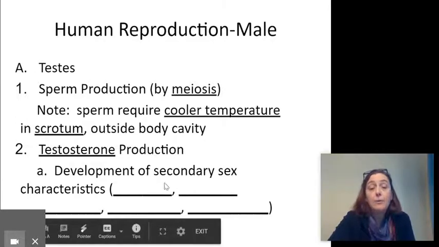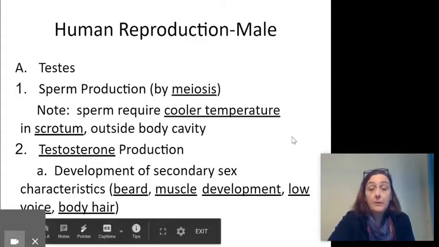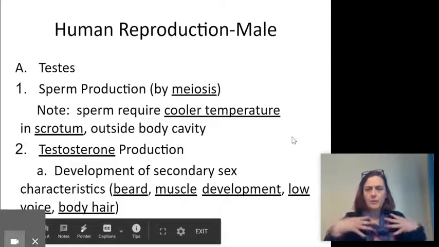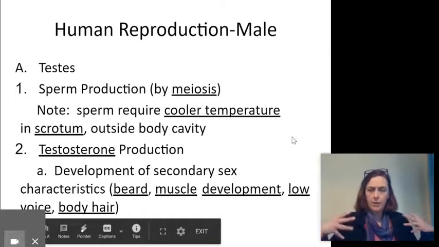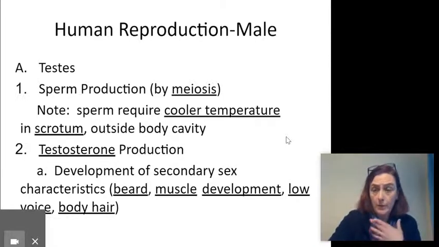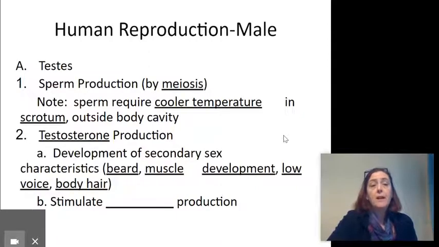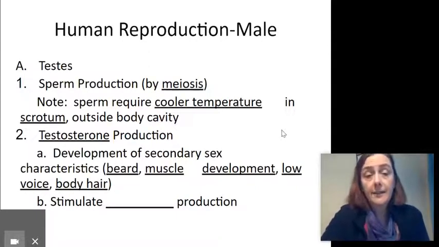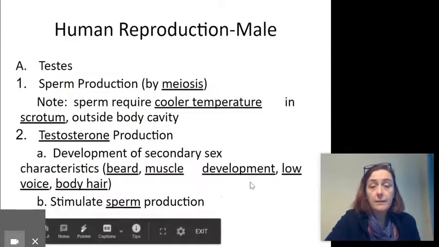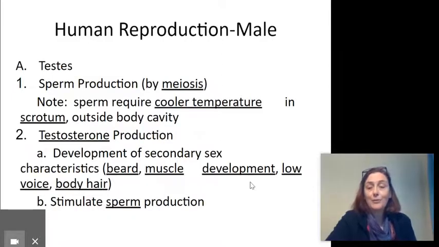And in men, that would be the beard and chest muscle development, a larger chest, a lower voice, body hair, right? So those are all the things that testosterone is responsible for. Testosterone also controls the production of sperm.